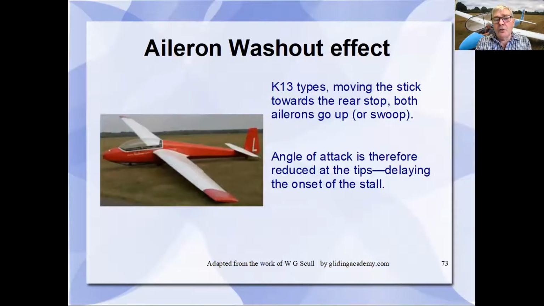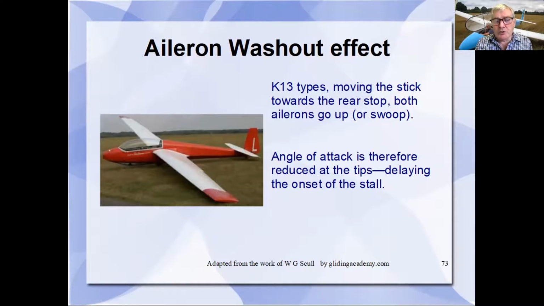The ailerons also on some gliders have a washout effect of their own, and so the K13s, K6s, K8s, and so forth, that range of models. If you take the stick and centralize the ailerons and then move the stick progressively back until you've got full up elevator, you'll notice that both ailerons go up together.